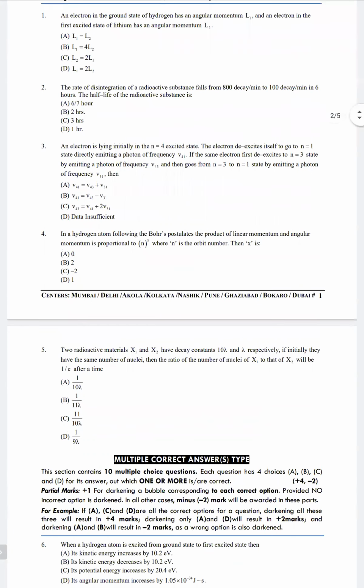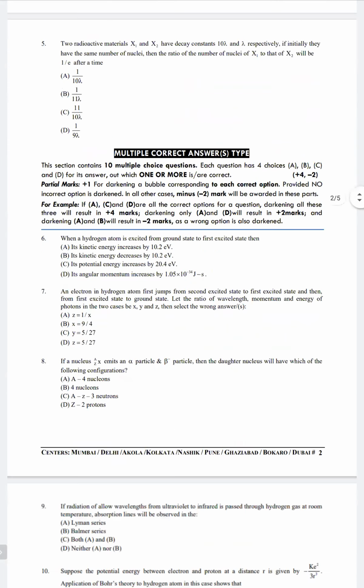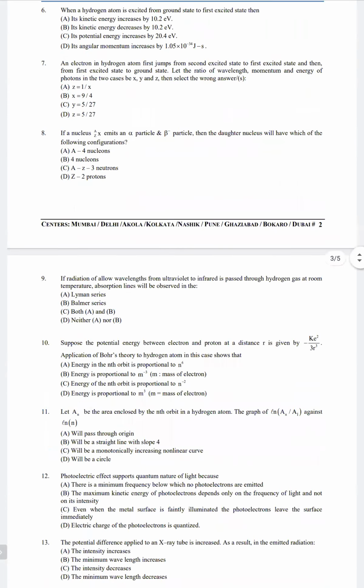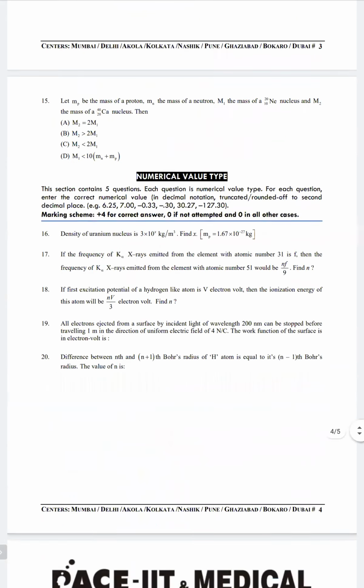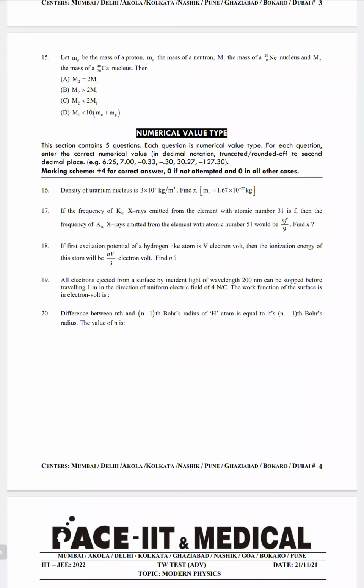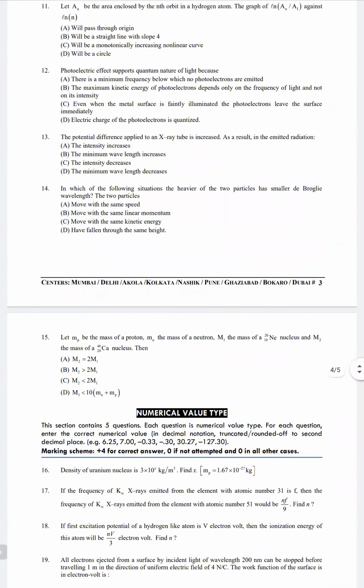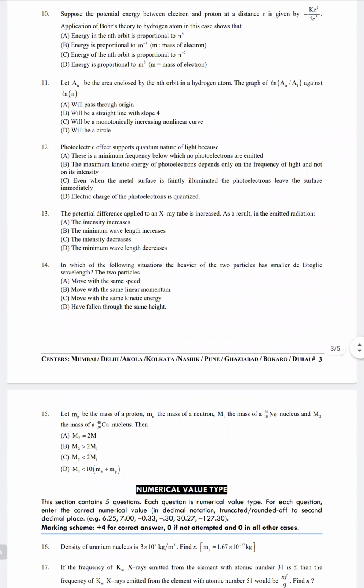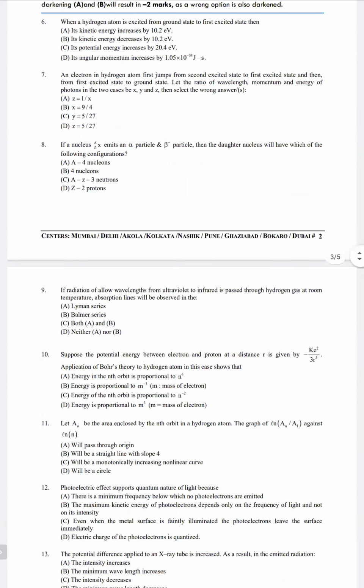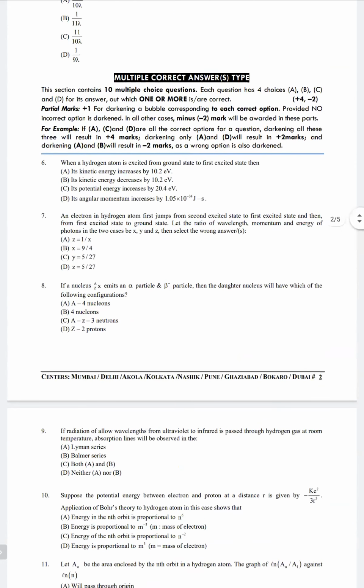Anything you guys want to discuss from your Any doubts in the TWT? Easy लग रहा है, I think, for the most part.